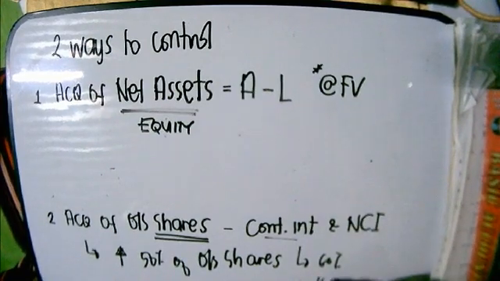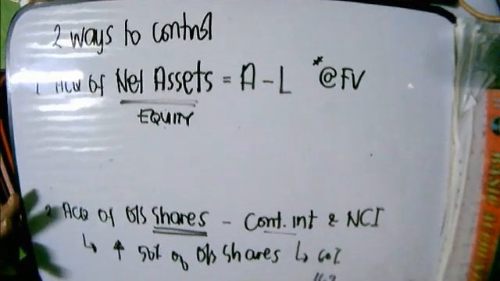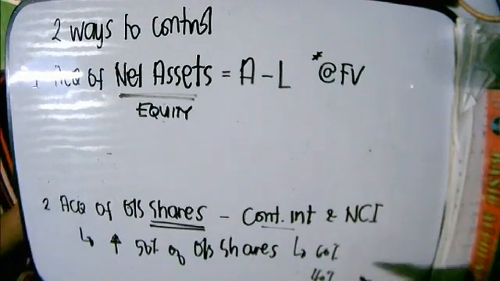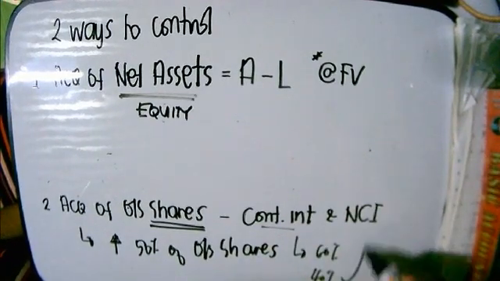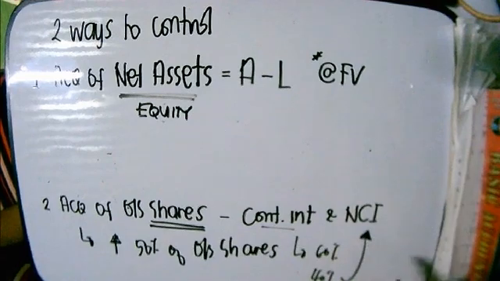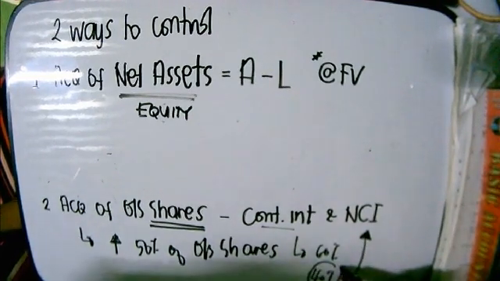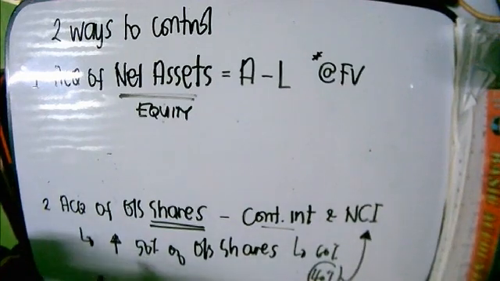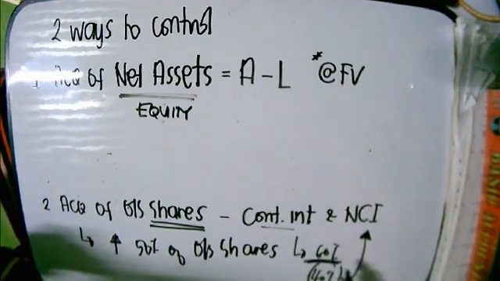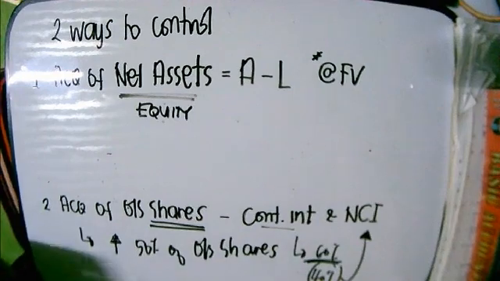Therefore, may remaining dun na 40%. Yung 40% na yun yung tinatawag nating non-controlling interest. Wala na siyang control since mas maliit siya compared sa 60% na binili ni acquirer.